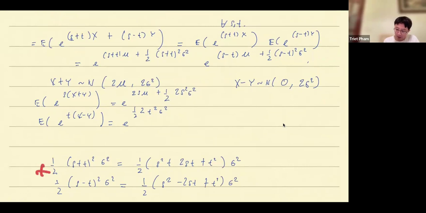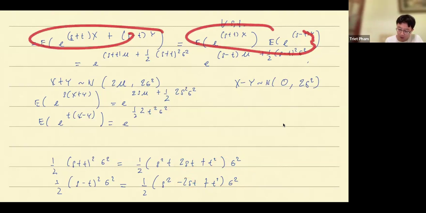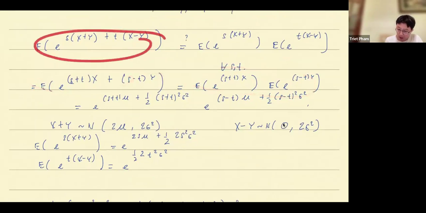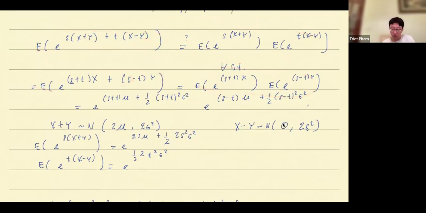So when you add these two together, you see that you get s squared sigma squared, the 1/2 times 2 cancels. You get t squared sigma squared, and then the 2st terms cancel, so it doesn't show. So indeed, we have shown that this is equal to that. And therefore, X plus Y and X minus Y are independent.